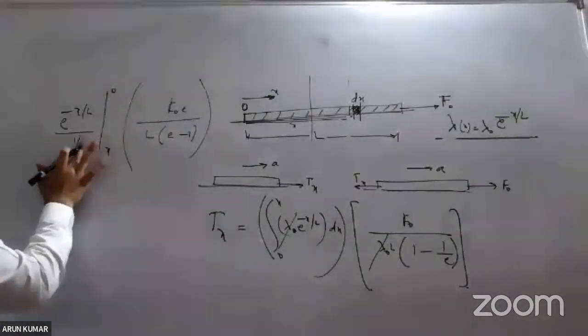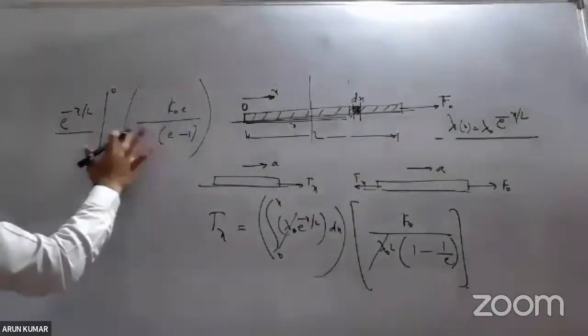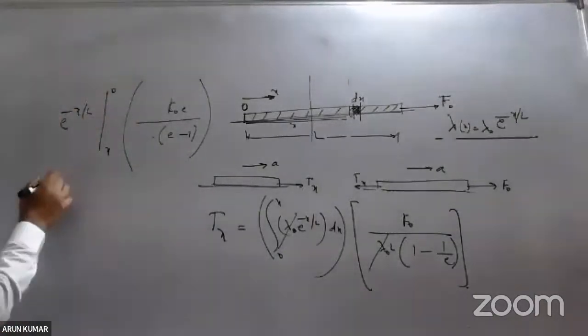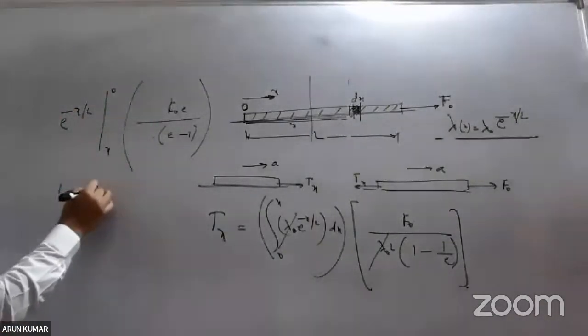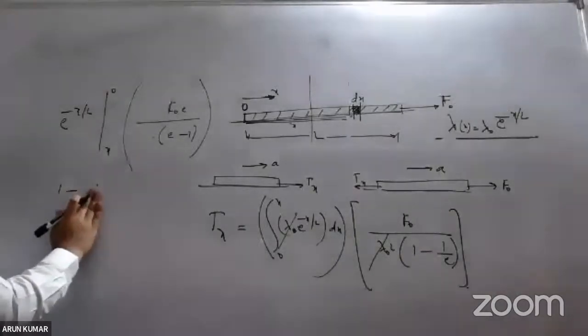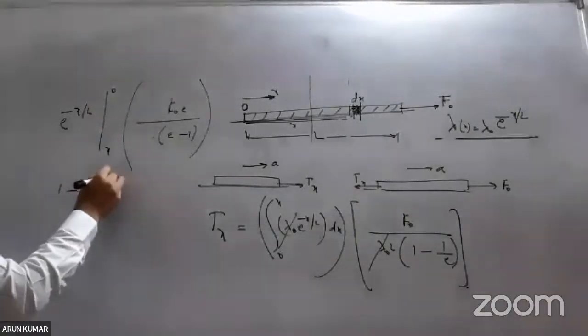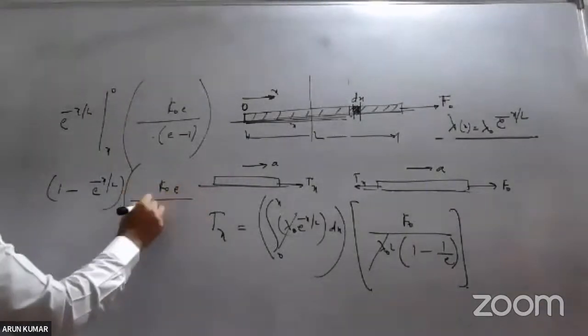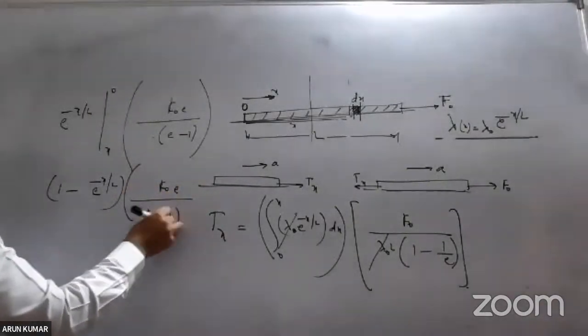And there's 1 by L here, that gets cancelled out. So all I'll have is 1 minus e power minus x by L into F naught into e by e minus 1.